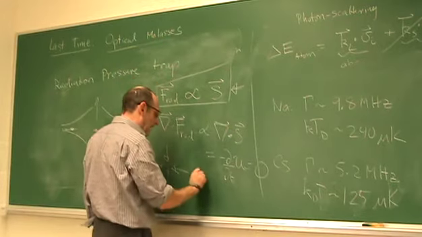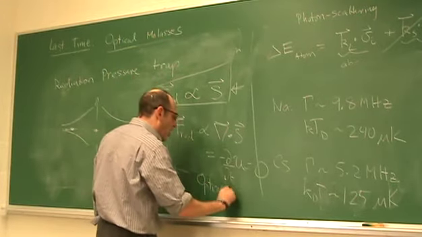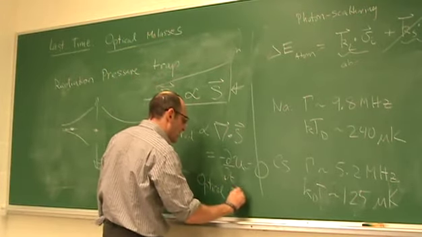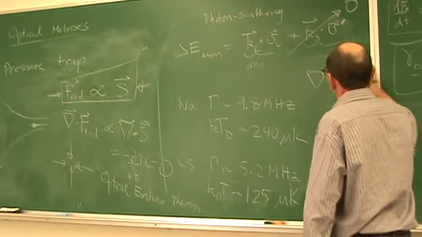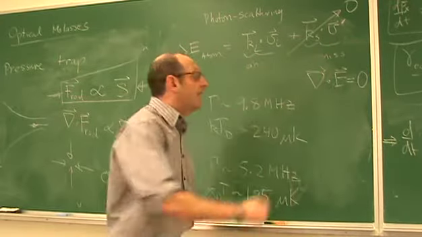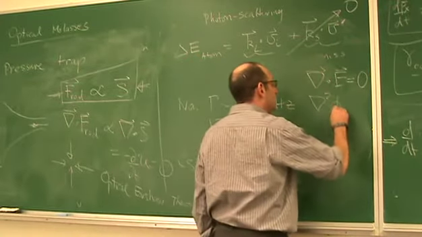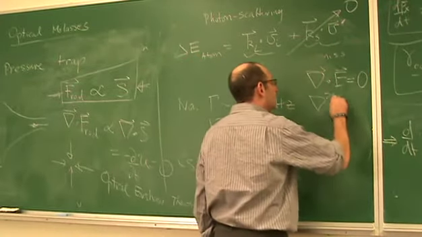And this was known as the optical Earnshaw theorem, in relation to what you may remember from electrostatics. In electrostatics, I can't create a trap for a charged particle because if I have no free charge to sink that, the divergence is zero. That is to say, the electrostatic potential satisfies Laplace's equation.